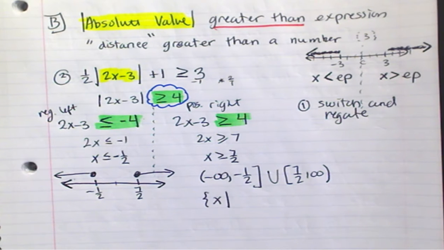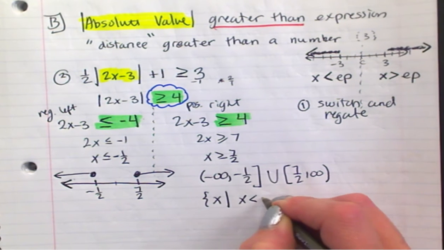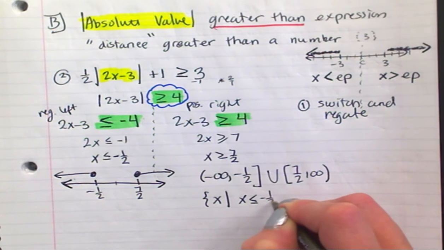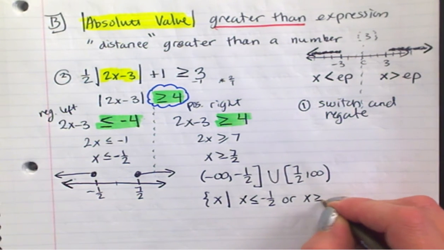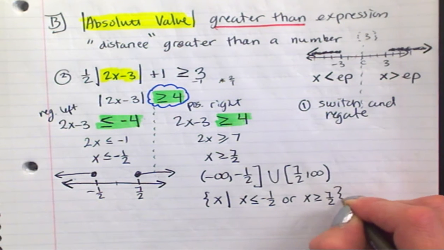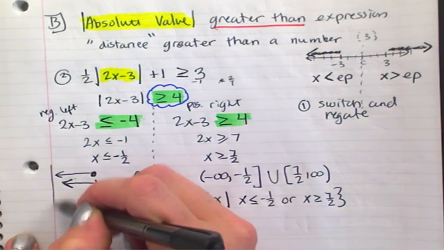No. It means you're going to have one inequality for each piece because it's not continuous. X less than or equal, or X more than or equal. Notice that the combined answer, the between, was a between inequality, and this one is not.